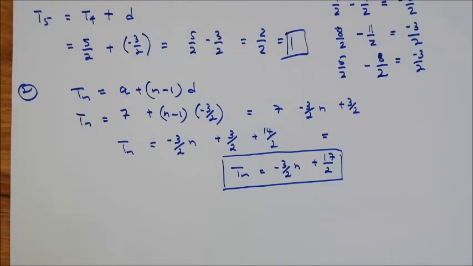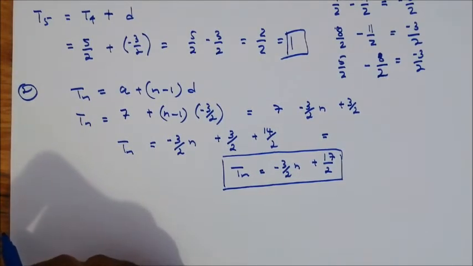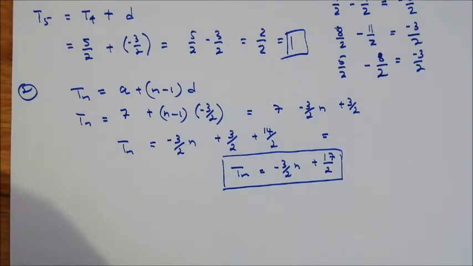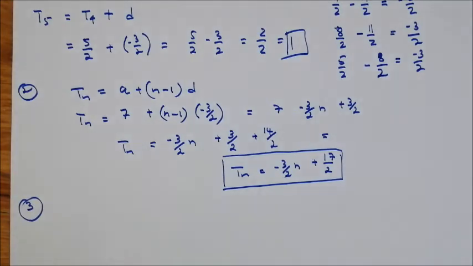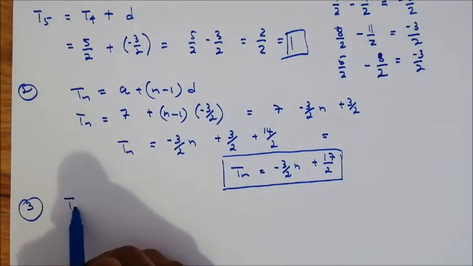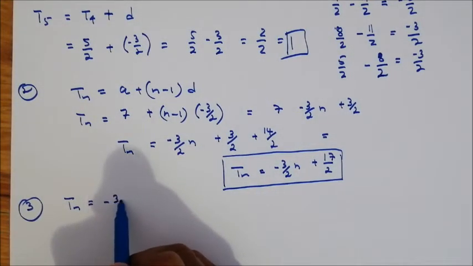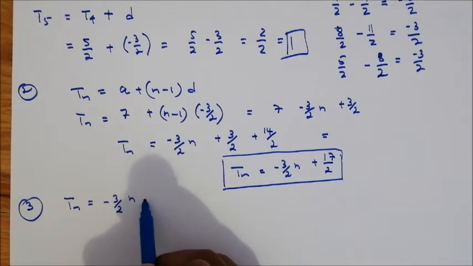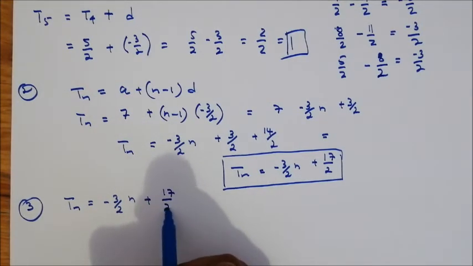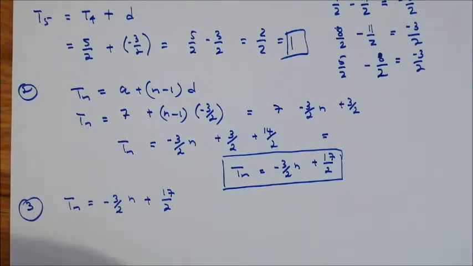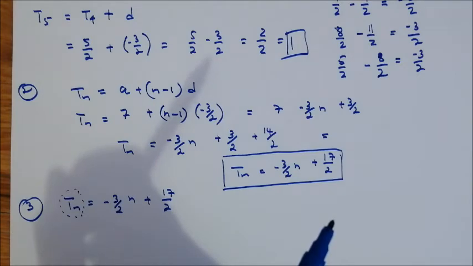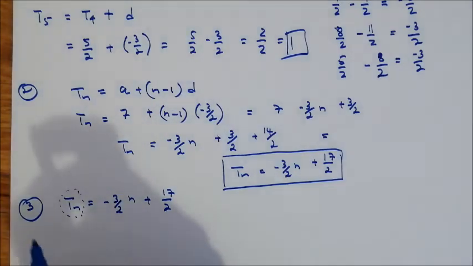Okay, the next question requests us to find which term has the value of negative 24.5, right? So we know that our Tn is equal to minus 3 over 2 n plus 17 over 2. So this corresponds to this sequence that we're given here. So we want to know which term has got the value of negative 24.5.